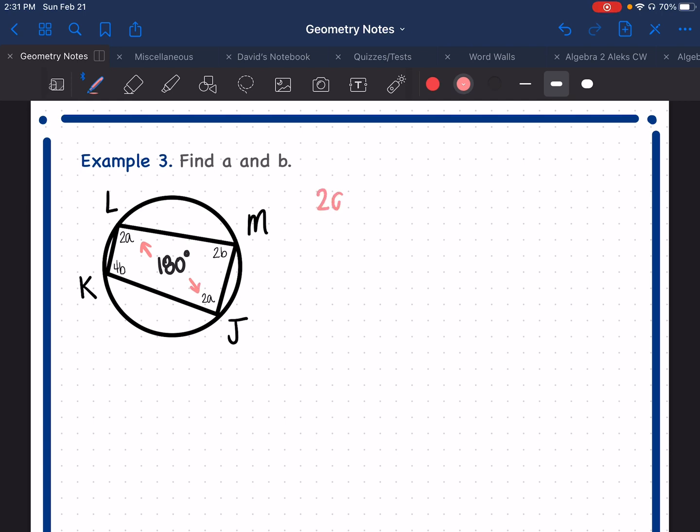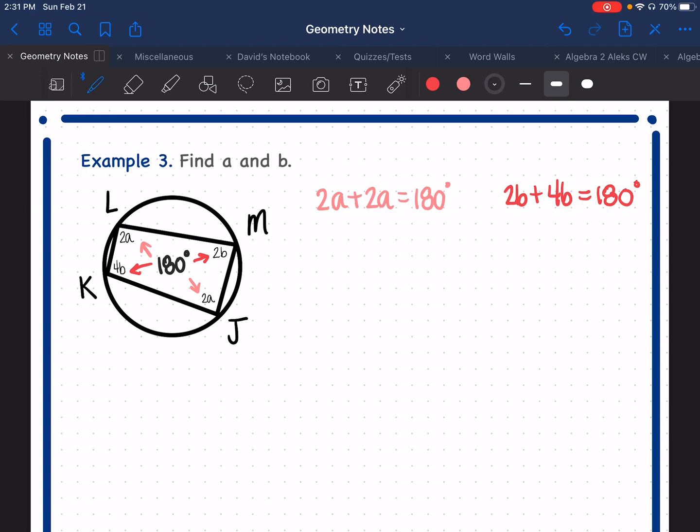So 2A plus 2A equals 180 degrees. Okay, it also says that this one plus this one is 180 degrees. So 2B plus 4B equals 180 degrees. I just have to go ahead and solve both of these equations, and then I will have A and B.